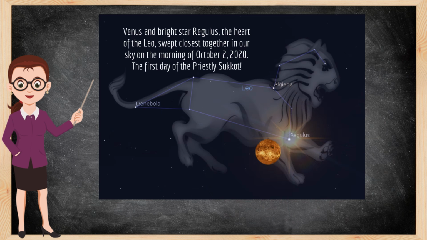So the planet Venus and the bright star Regulus, of course the heart of Leo, most recently swept closest together in our sky on the morning of October 2nd, 2020, the first day of the priestly Sukkot.